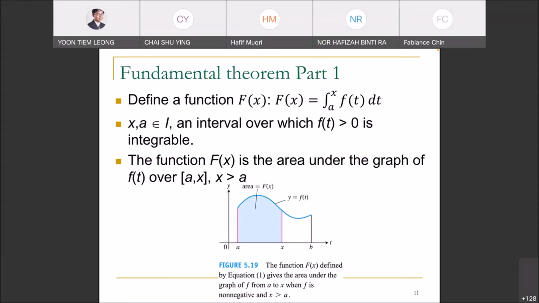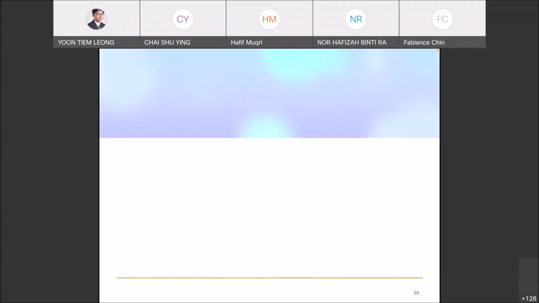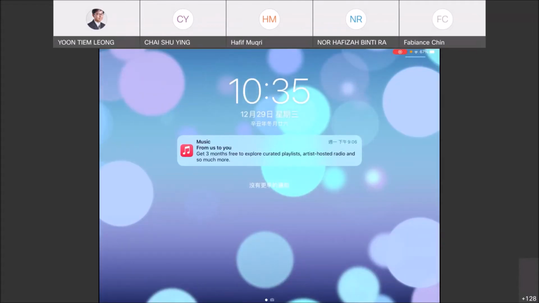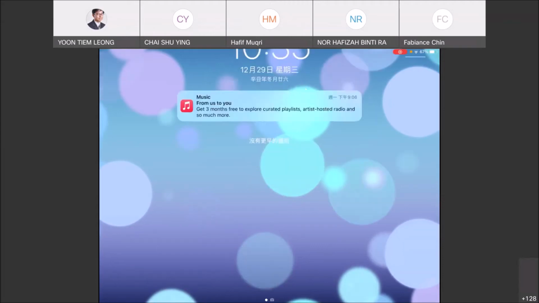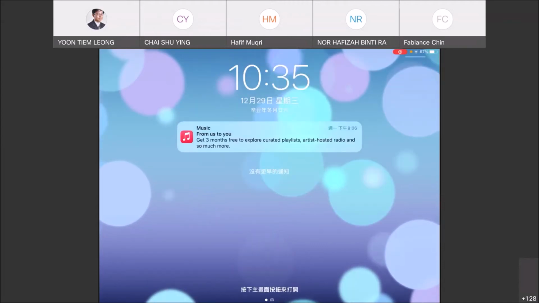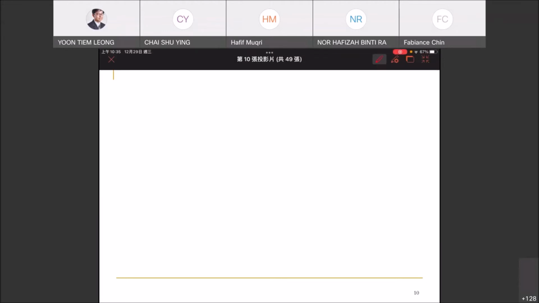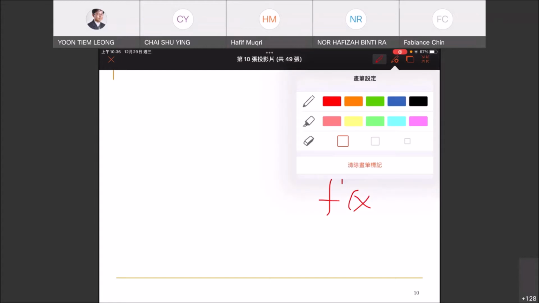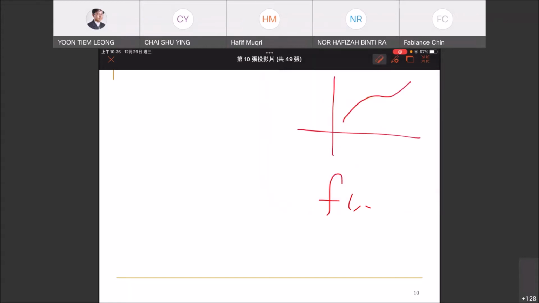Imagine you have a small function f(t), defined on the t-axis horizontally.